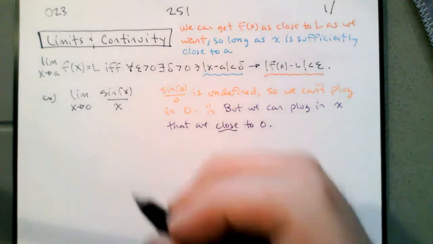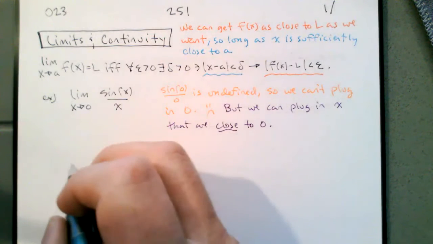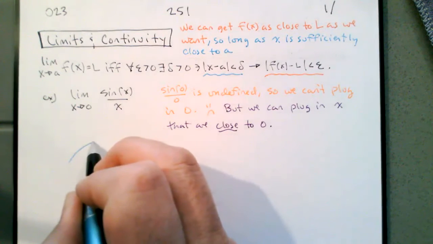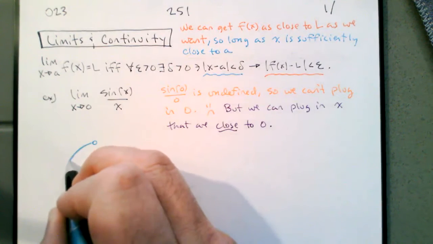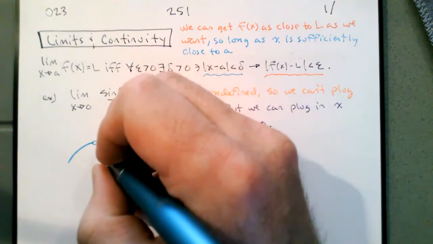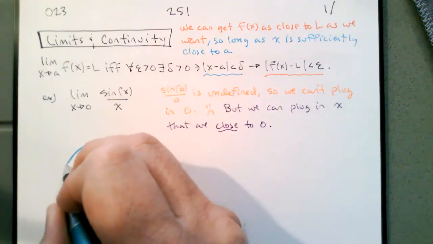So it seems, draw the function first, that this function, when x is 0, is undefined at 0, but from both sides we are approaching 0.